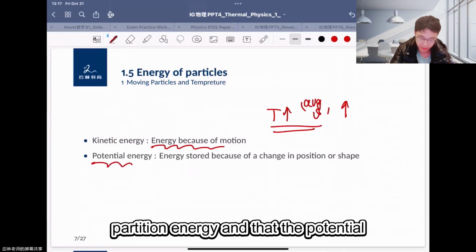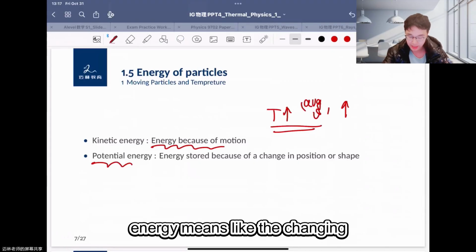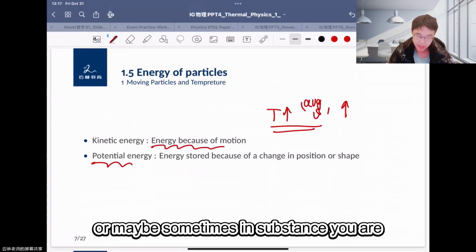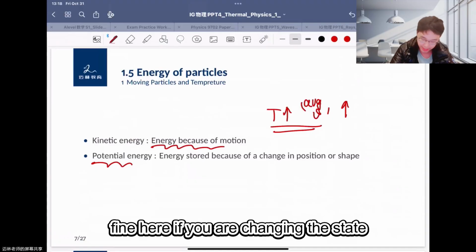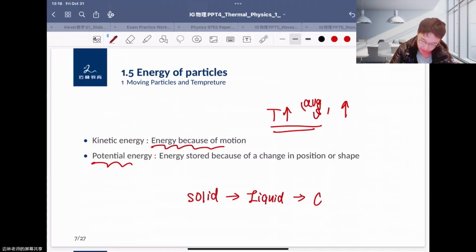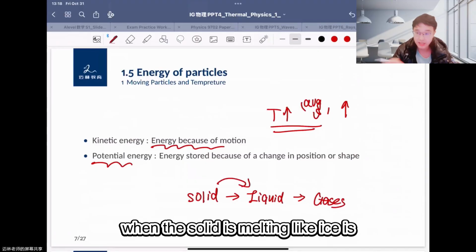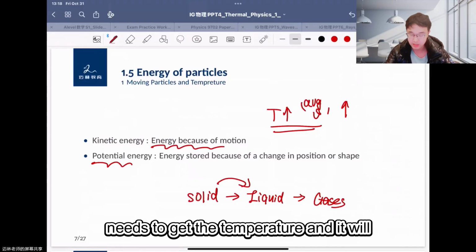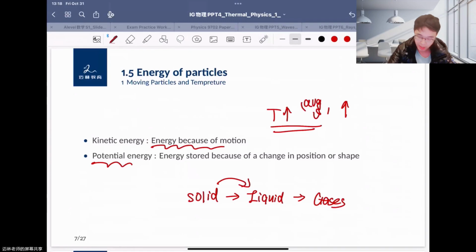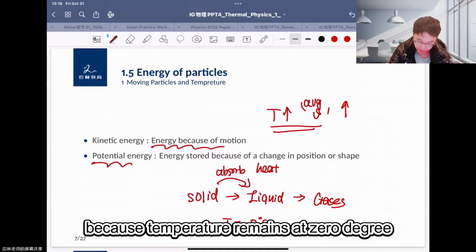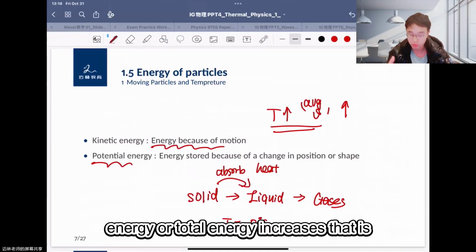And second is about the potential energy. I said the potential energy means changing position or changing the shape of the object. Or sometimes in a substance, if you are changing the state, like from solid to liquid to gas, like when ice is melting, it needs heat and it will absorb heat. Right here you can find, although the temperature doesn't change because it remains at 0 degrees, its total energy increases.